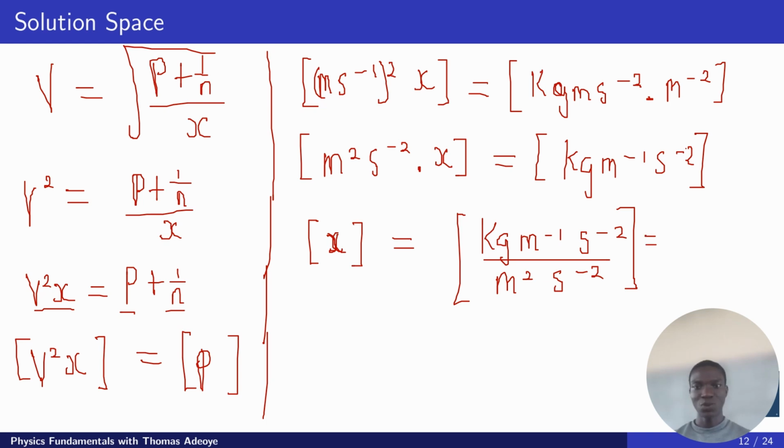So this should be equal to kg, m raised to power minus 1, and s raised to power minus 2.